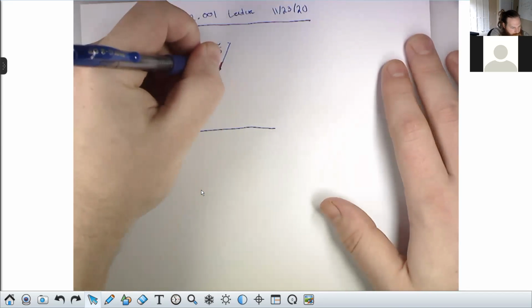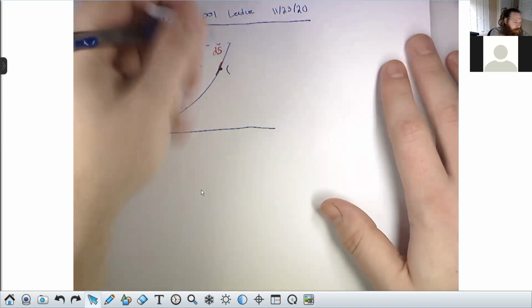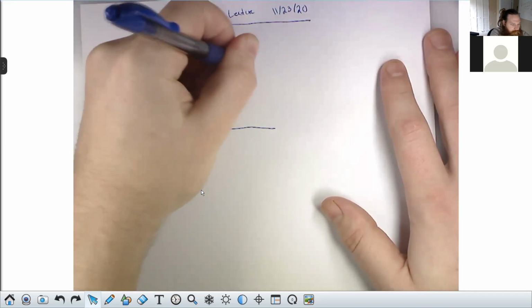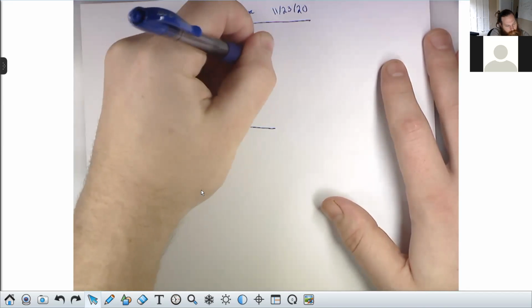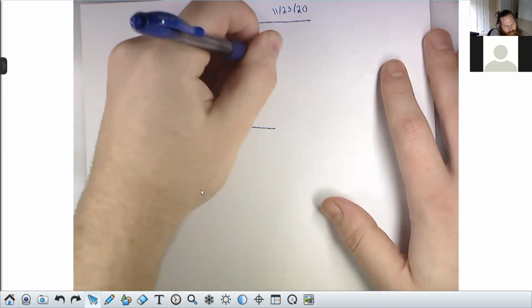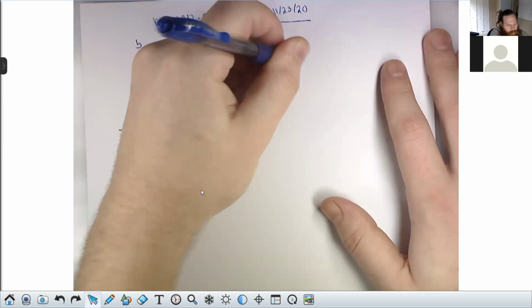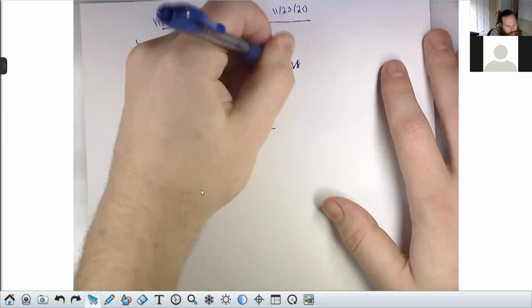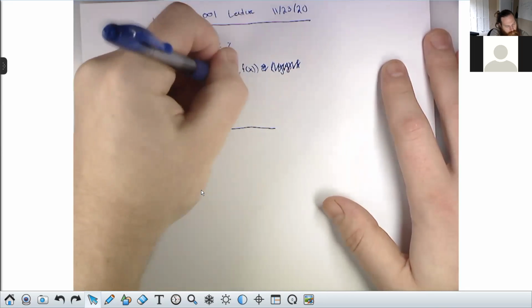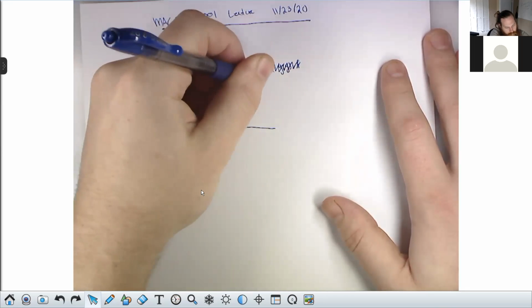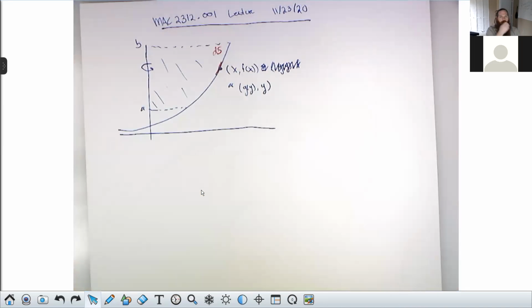Remember, you can characterize a point on a curve either as (x, f(x)) or as (g(y), y).